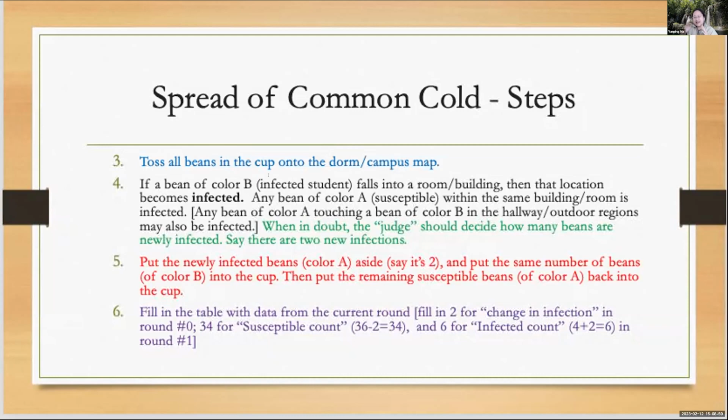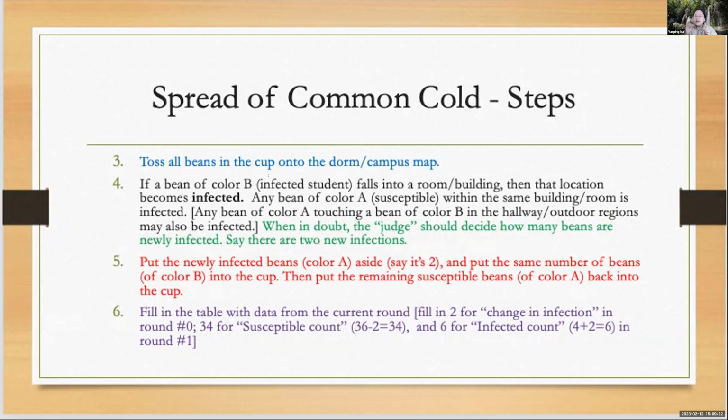So we let the student judge make the decision whether a bean of color A touching a bean of color B in the hallway or in the outdoor region would still be considered infected or not. So we have a judge to make consistent decisions throughout the process.